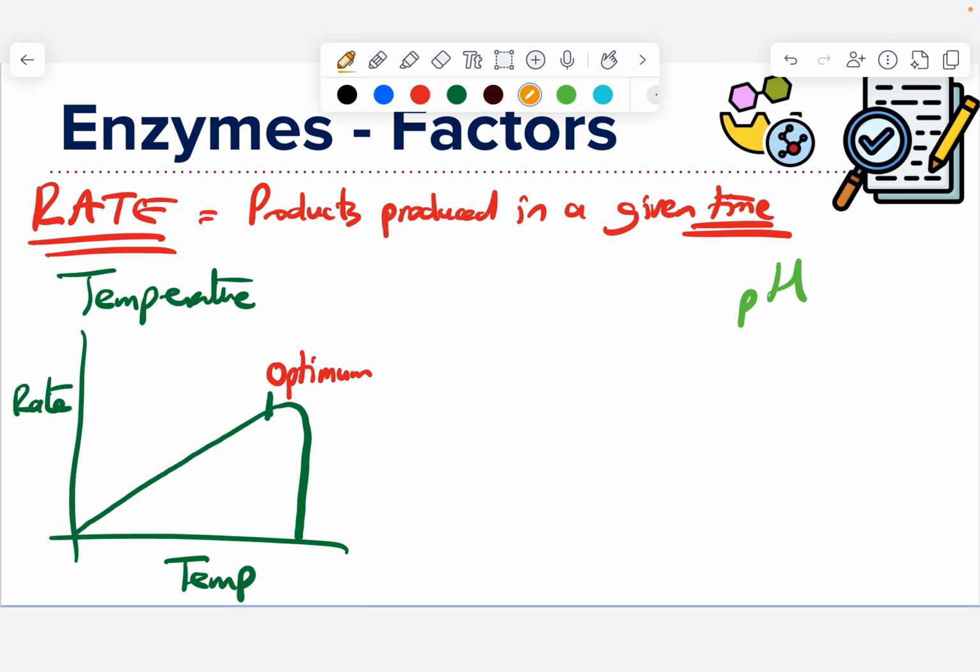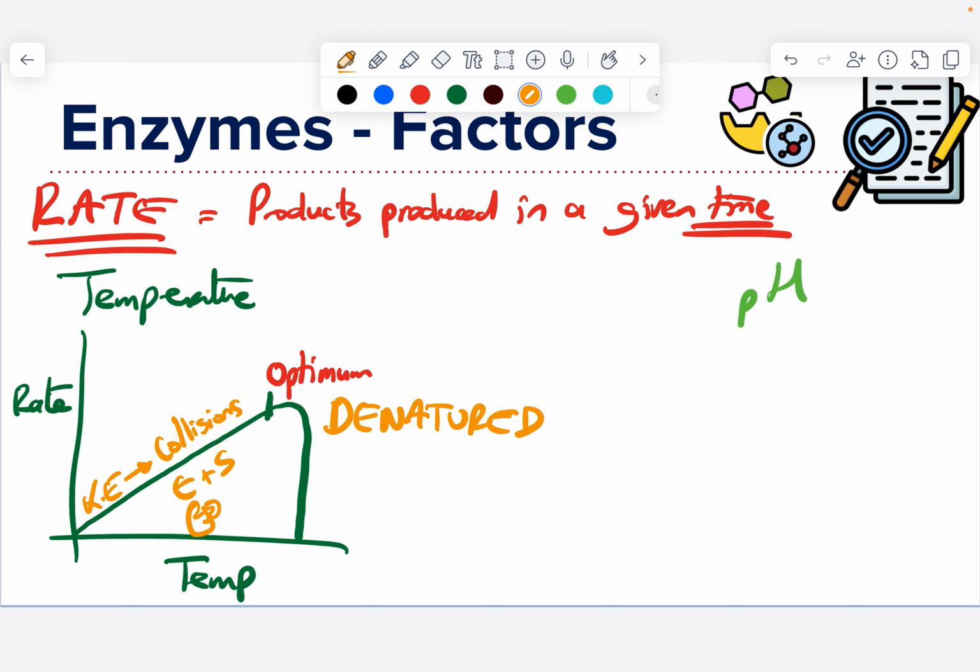Well, as temperature increases, the amount of kinetic energy increases, which increases the number of collisions between the enzyme and the substrate. So as they have more kinetic energy, the likelihood of those enzymes and substrates colliding together increases, which means the rate of reaction increases. At a certain point then, beyond the optimum temperature, the enzyme becomes denatured.